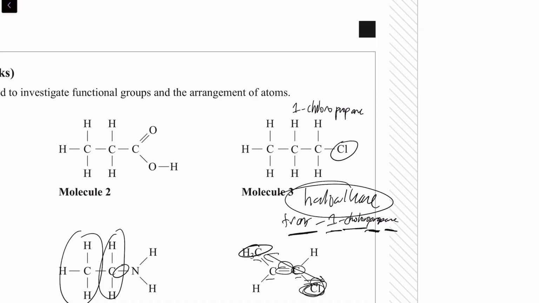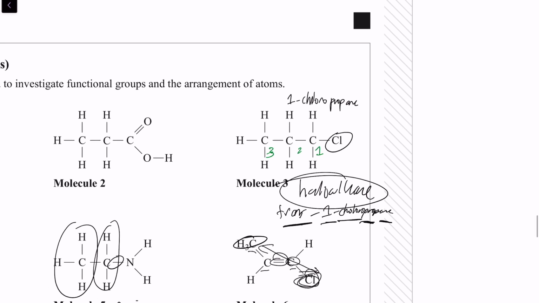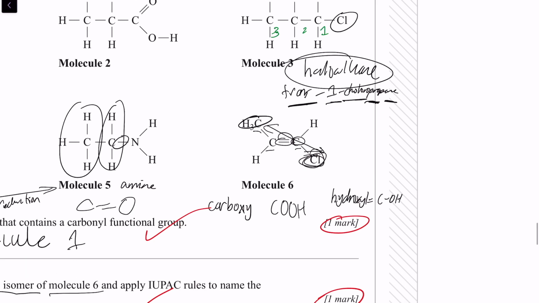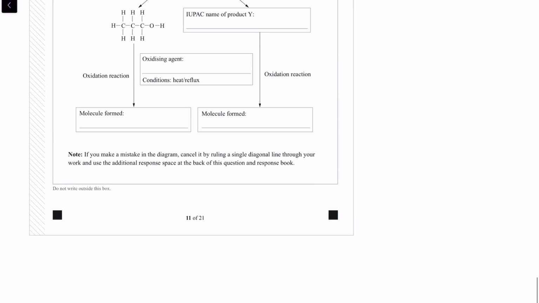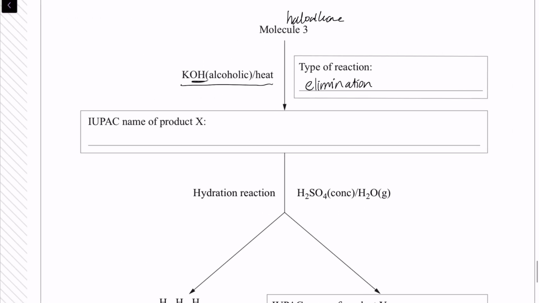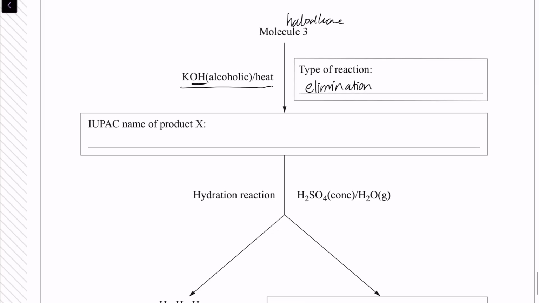Sorry, so first carbon there, second carbon, third carbon, and we know that the next molecule, which will be an alkene, is going to be propene, because we're still keeping the number of carbons the same, we're just turning it into an alkene. Okay, so prop means 3, and then ene is the alkene part. Right, so that's our second mark, right?